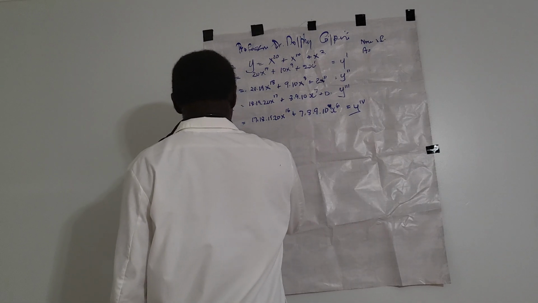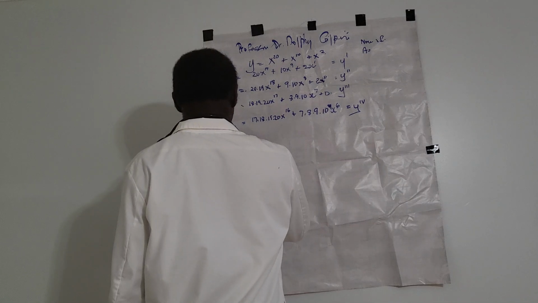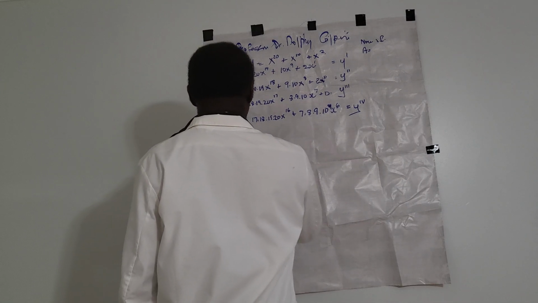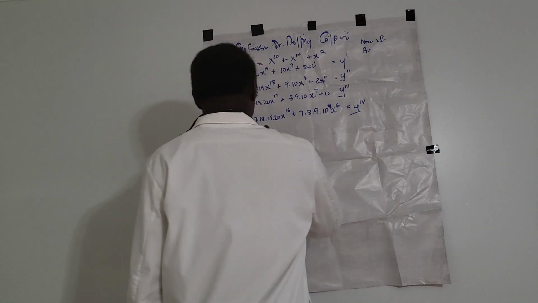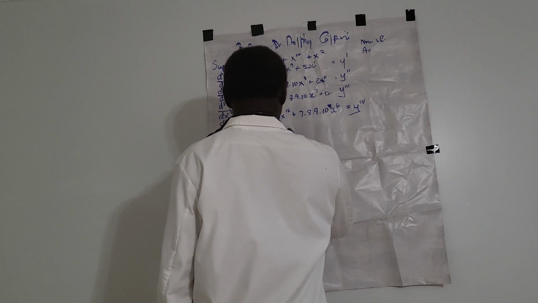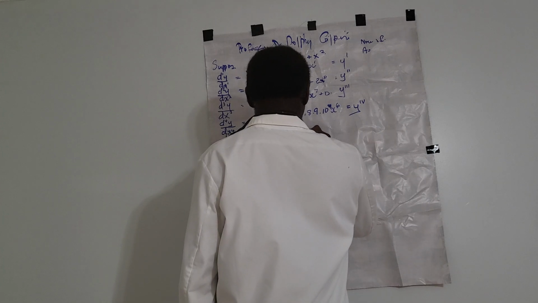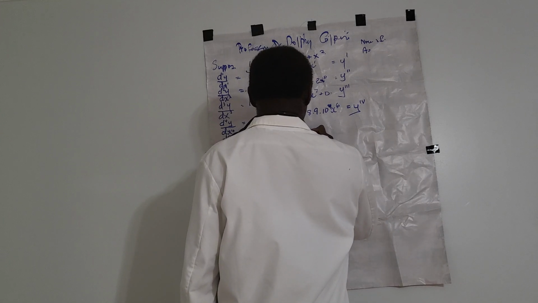Coming down now, we say d5y by dx to the 5th will be equal now to 16 times 17 times 18 times 19 times 20 multiplied by x to the 15.